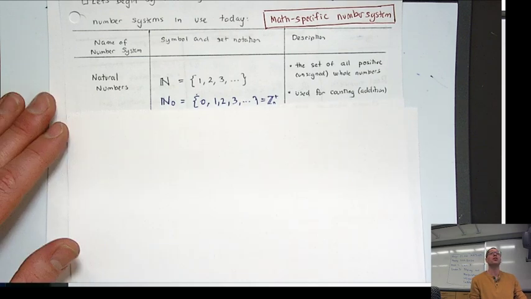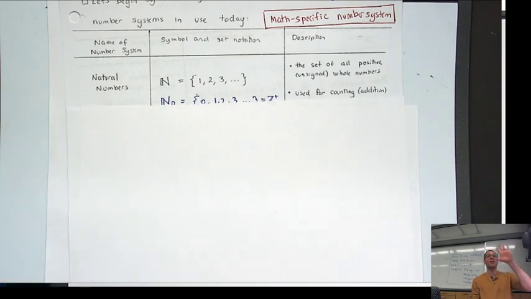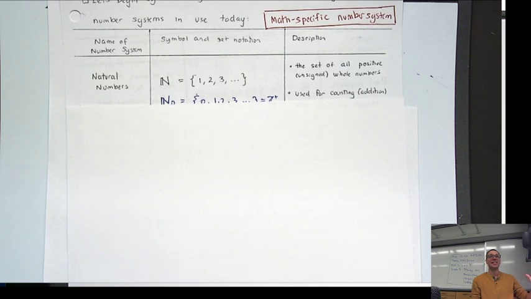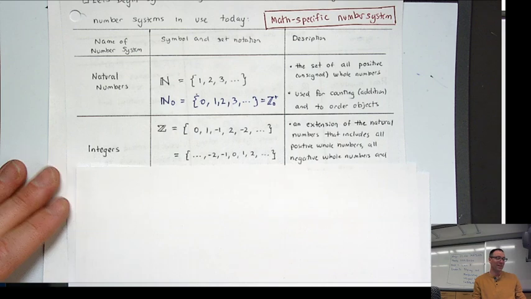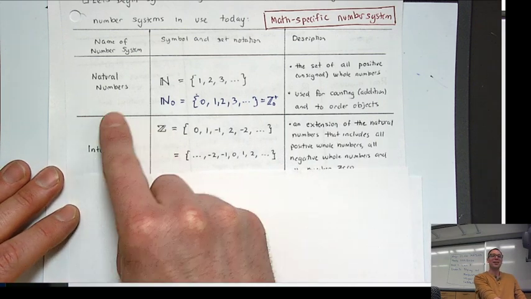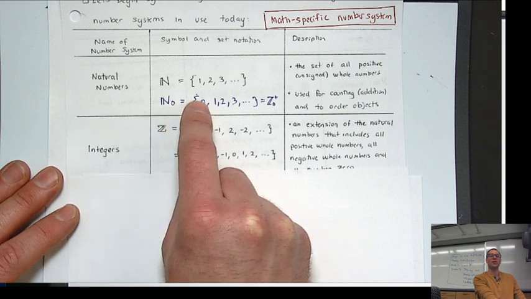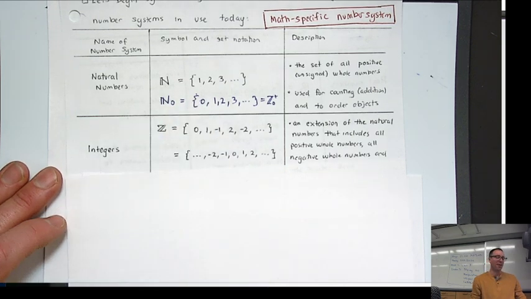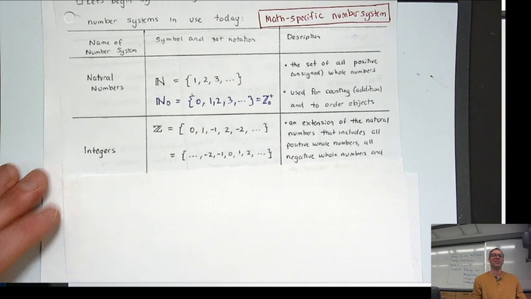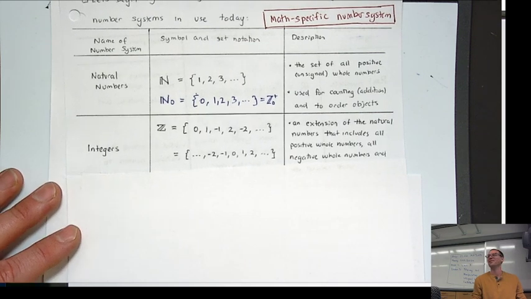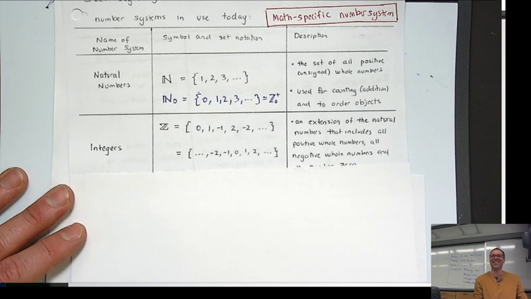Whole numbers, which includes both positive, negative, and 0. In this class, for natural numbers, if you wanted to say N sub 0 was all natural numbers including 0, I think I would be very, very proud and smile in my heart and my face.